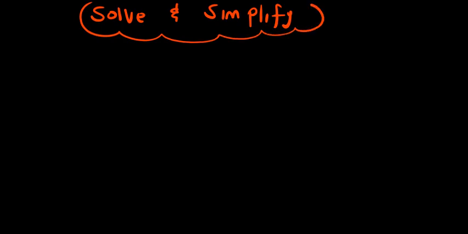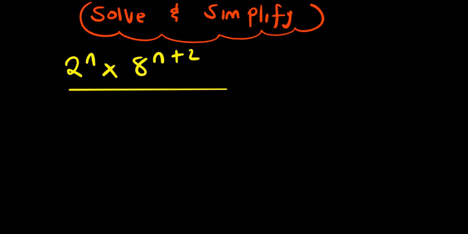So you have to solve 2 to the power n multiplied by 8 to the power n plus 2 over 4 power 3n times 2 minus 2n. Okay, that is number 1.